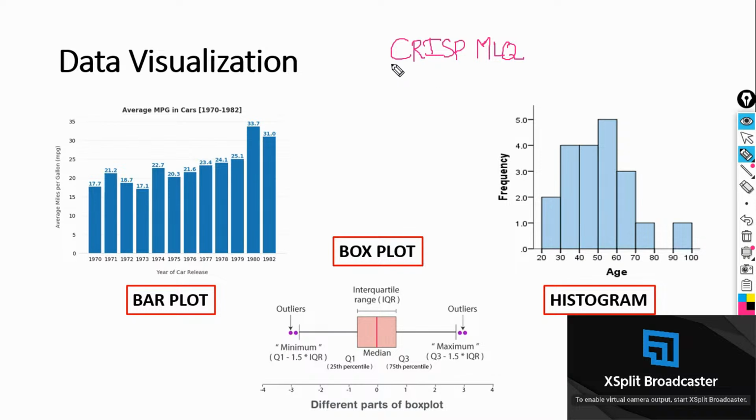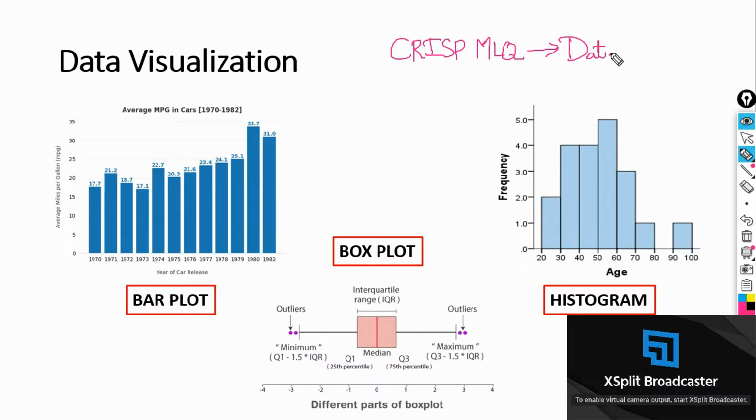Out of these 6 phases, we are currently learning phase two. What is phase two of CRISP-ML(Q) called?